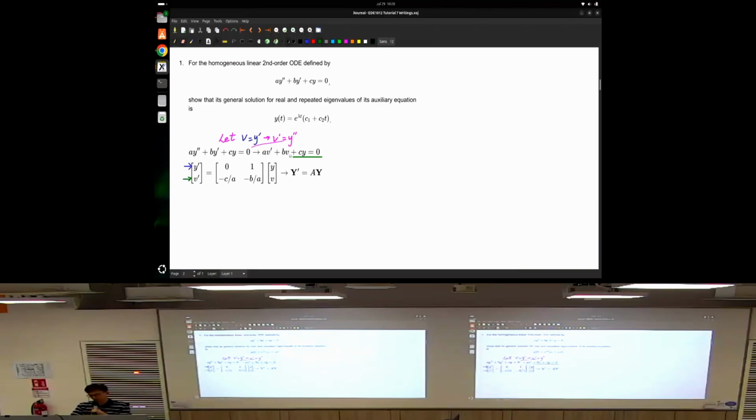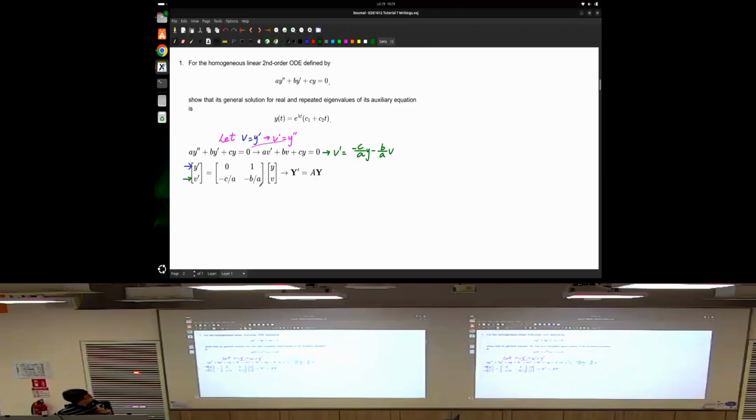So isolate the v prime: it will be minus c over a times y minus b over a times v. And you can write it in this matrix form.